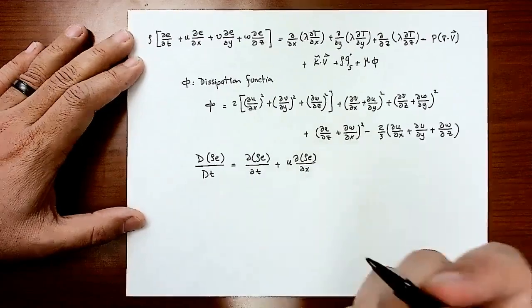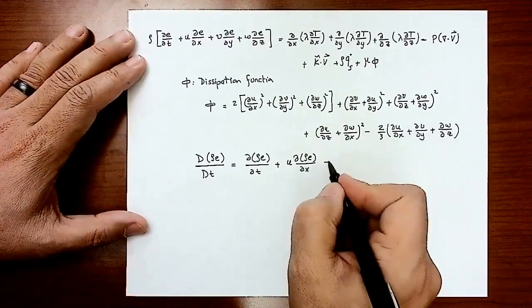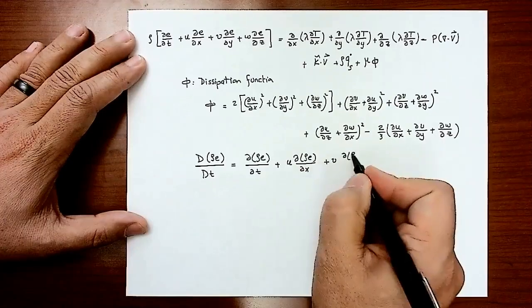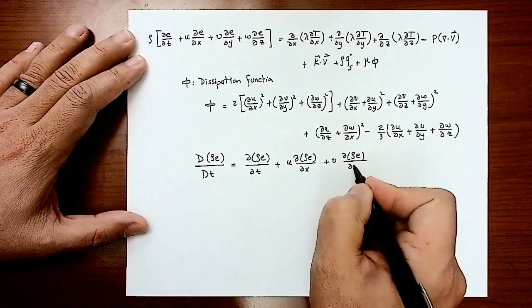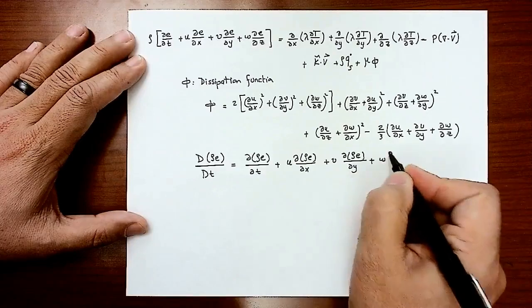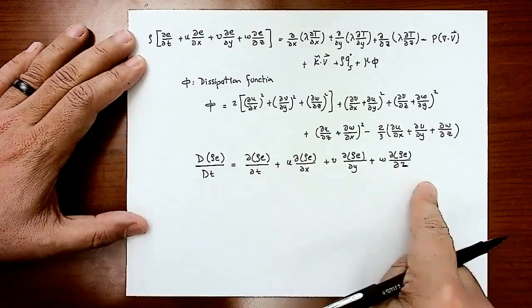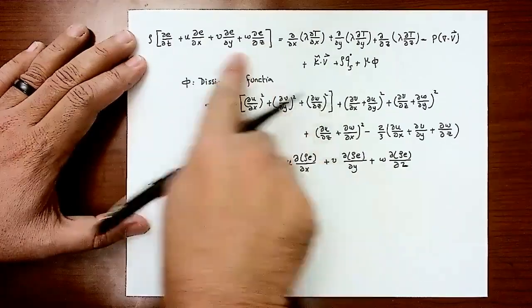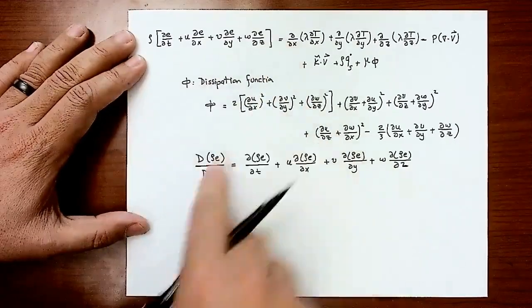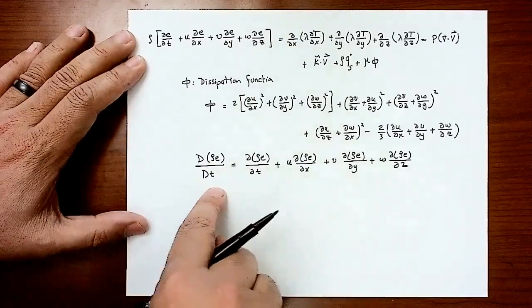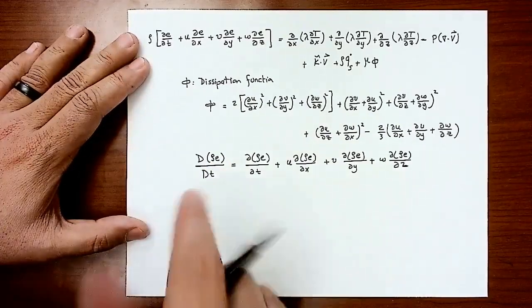Please go back to the total derivative definition, plus v partial rho E by partial y plus w partial rho E by partial z. So this is a definition. I can collect that term here and write it down as d rho E by dt.